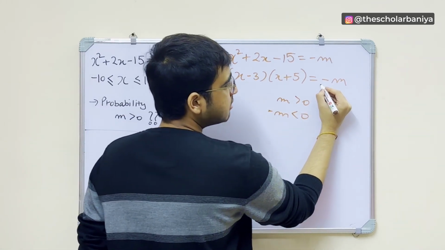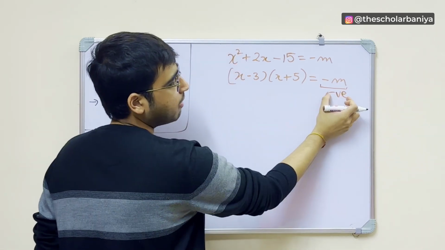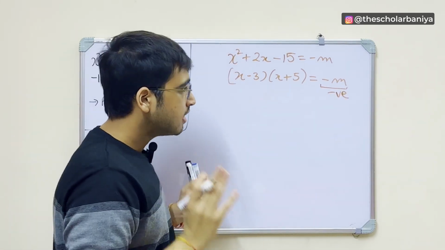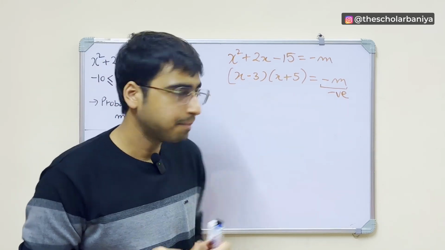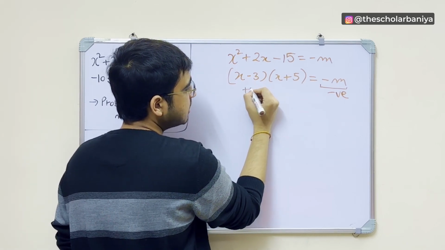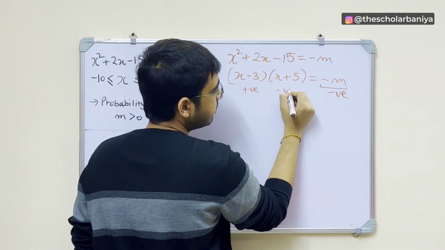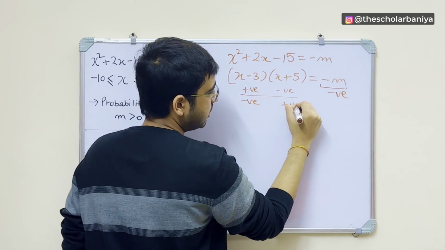So that means this part is negative, right? This means the product of two things comes out to be negative. So there are two possibilities: either this is positive and this is negative, or this is negative and this is positive.